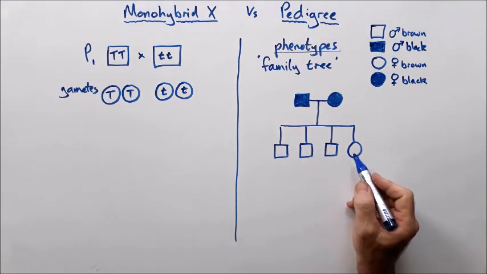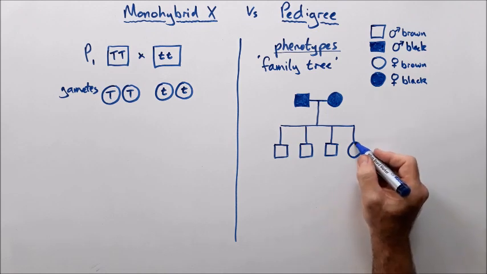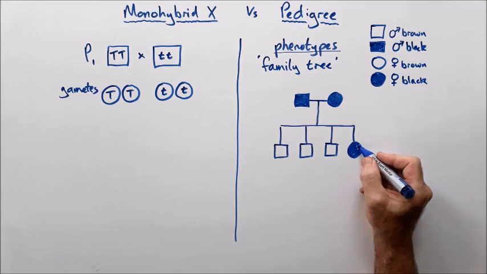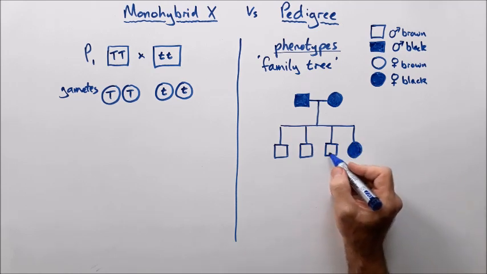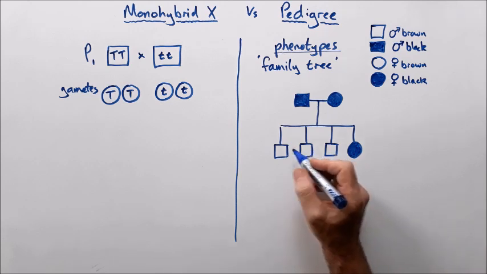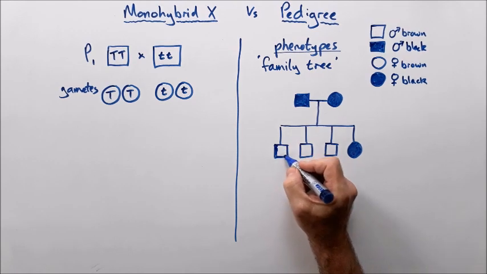And let's, for argument's sake, say the female had black fur, and we know this because she was expressed as a black-furred individual. This particular male had brown fur, this male had brown fur, but this male had black fur. Now I'm just picking these at random.